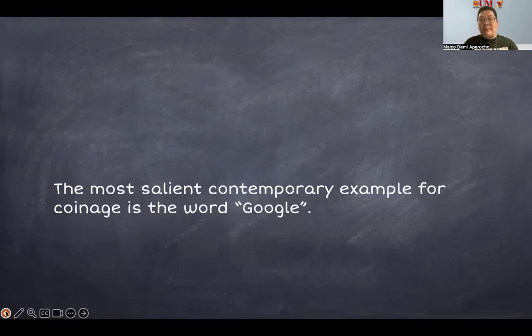Now, the most salient contemporary example for coinage is the word Google. If you have noticed, Google is actually a brand name, it's a trademark. However, the way we use the term Google at current times is more on online search.